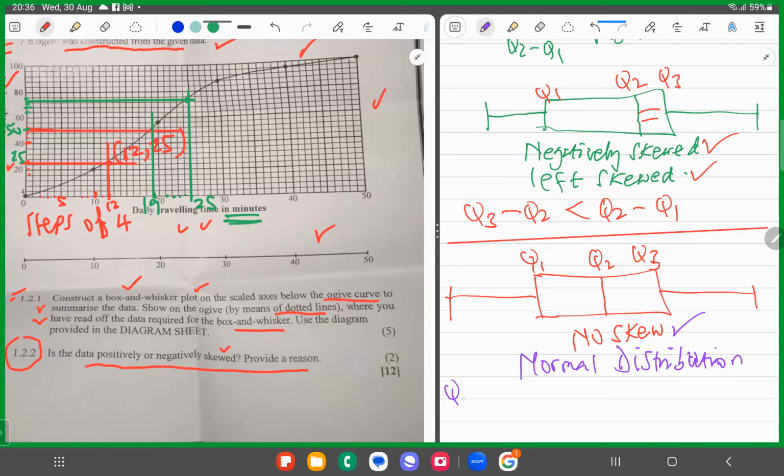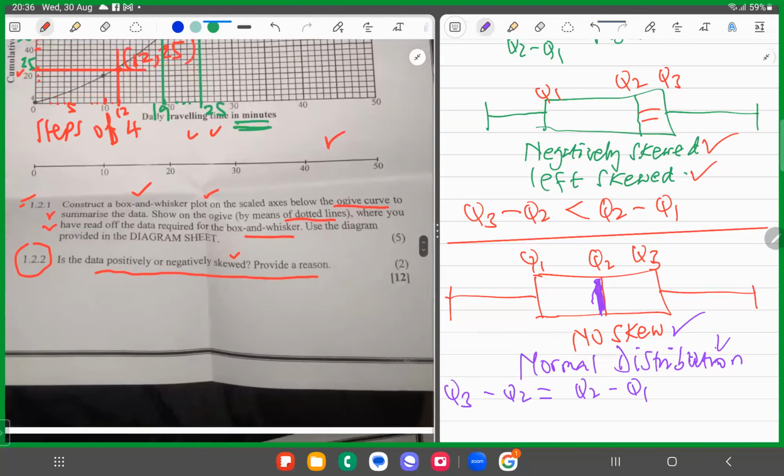But it means that Q3 minus Q2 is equal to Q2 minus Q1. So if this Q2 is in the middle, is in the center, so Q3 minus Q2 becomes Q2 minus Q1, and then we have what? Normal distribution.